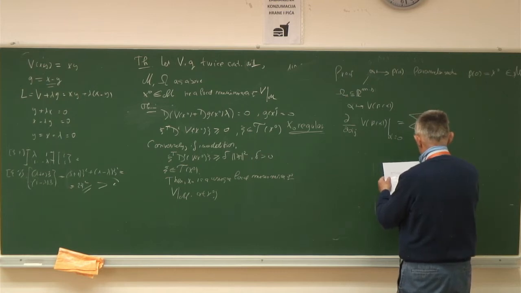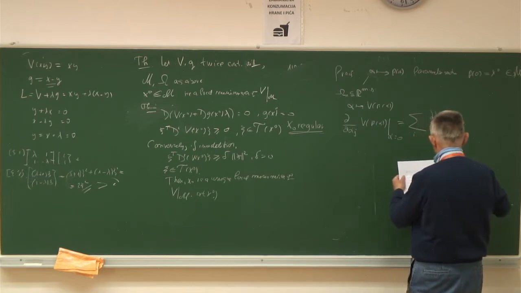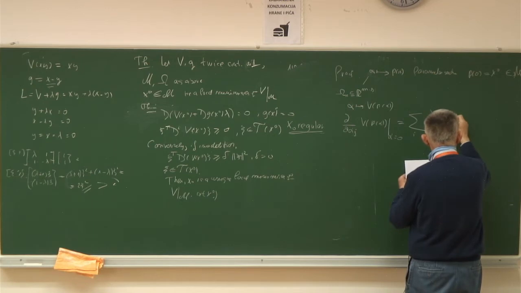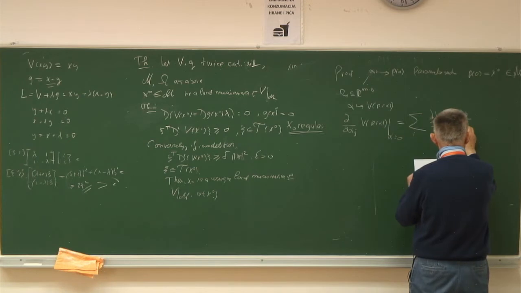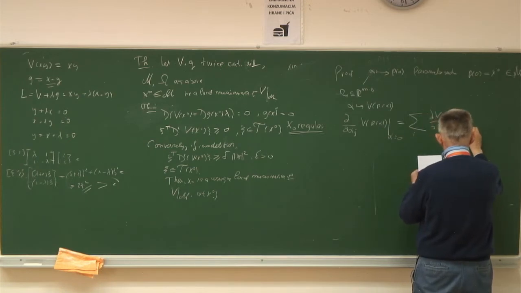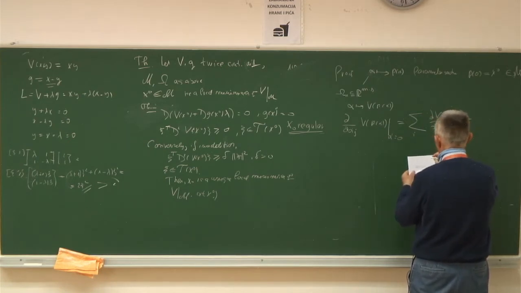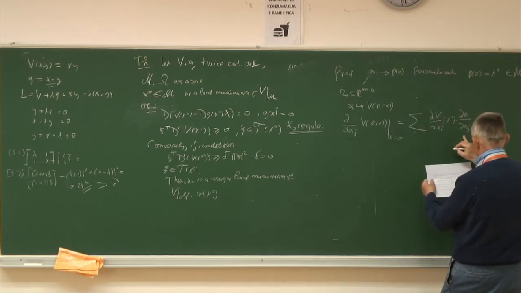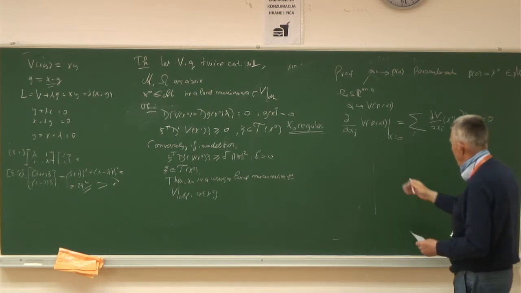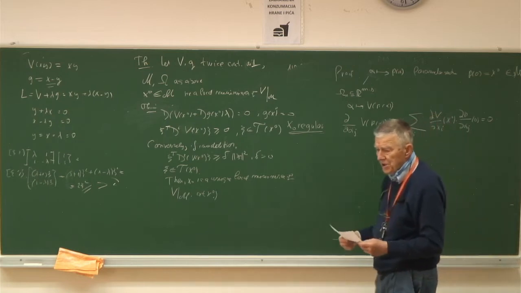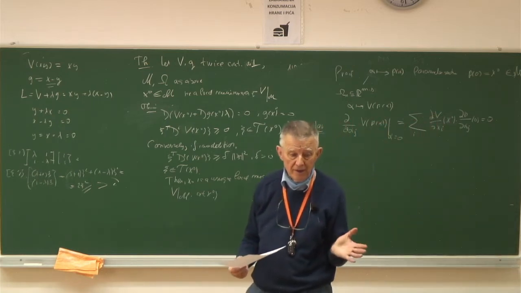Sum over i of dv over dxi taken at x0 times dP i over d alpha j taken at 0 is equal to 0. The conditions for the chain rule are fulfilled. Everything is smooth.